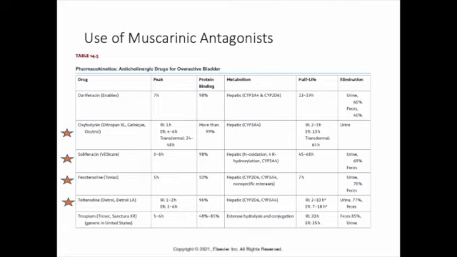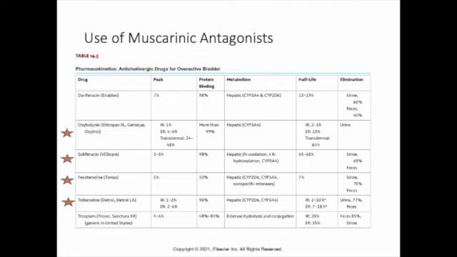Okay, so looking at the pharmacokinetics of different anticholinergic drugs for overactive bladder, you can see here, like I said, I would focus on oxybutynin on this chart. So they do go by the names Ditropan. You might have seen Gelnique and Oxetrol as well.